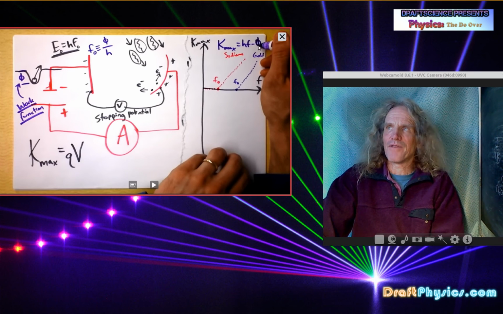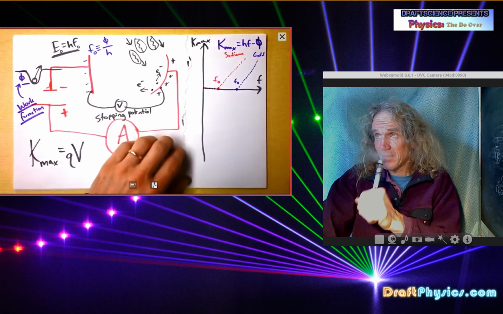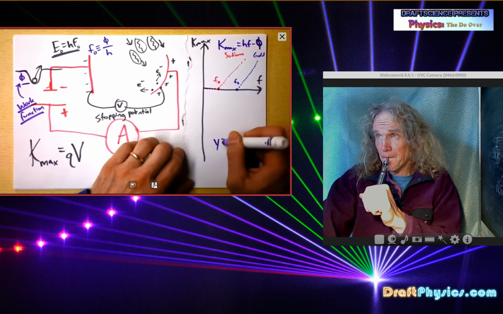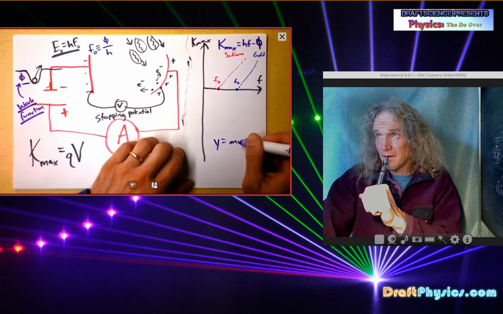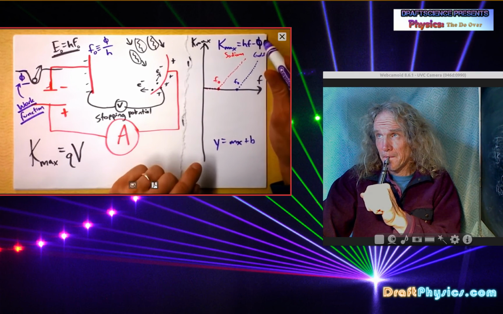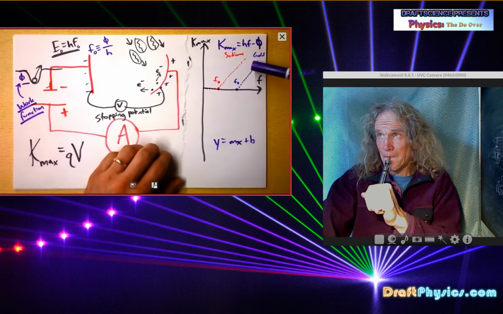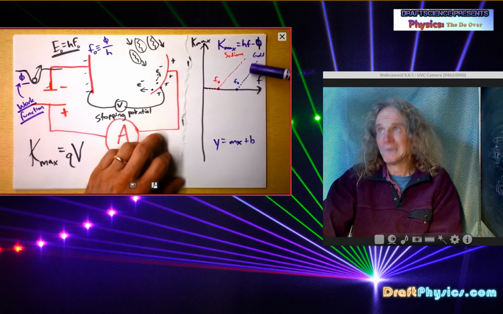That saying work function includes all the administrative costs. It just doesn't. The work function of the metal isn't on this graph, but if I'm thinking about this graph in terms of y equals mx plus b, I want you to tell me where I can find the work function. I need you to look at this as if you just made this graph.